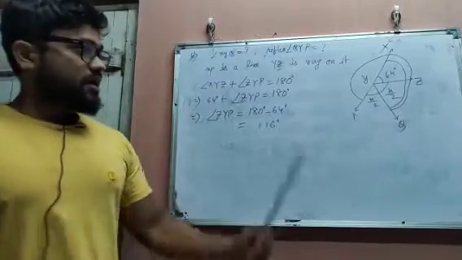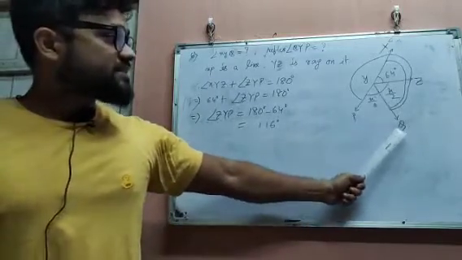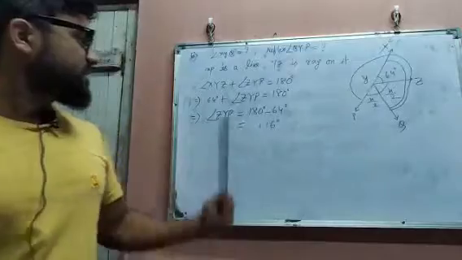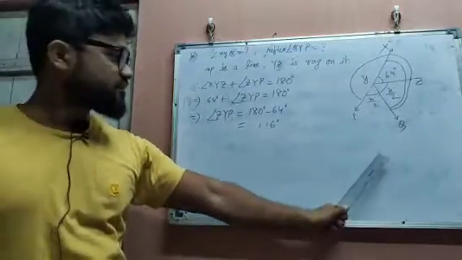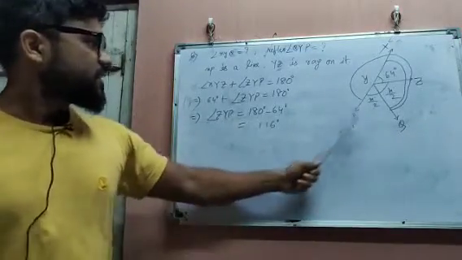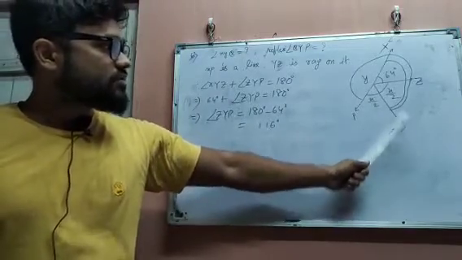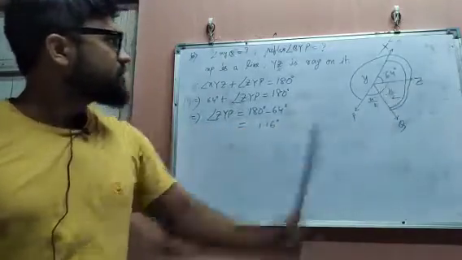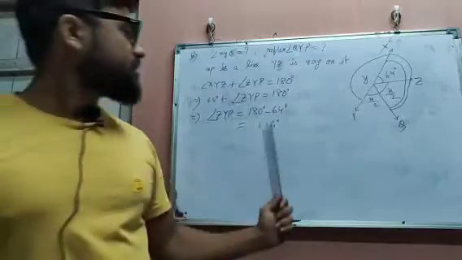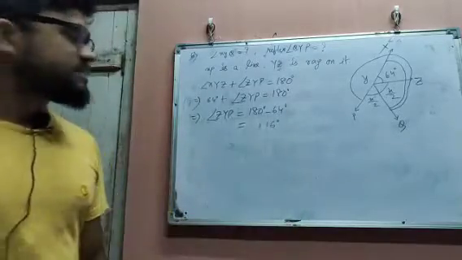Next, it is given YQ bisects the angle ZYP. So YQ bisecting angle ZYP means angle PYQ and angle ZYQ will each be half of angle ZYP.